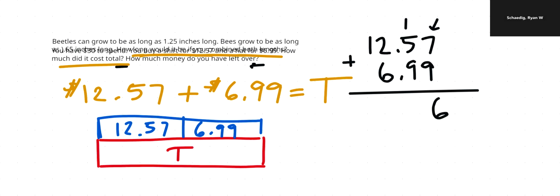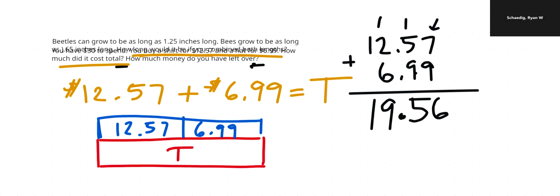I'm now in the tenths place. 9 plus 1 gets me 10 or 1 whole, and 10 plus 5 is 15. So I got a 15 there. The decimal is going to drop straight down. I got 6 ones plus 2 ones plus 1 one, so that's 9 ones. And then in my tens place, I have 1 ten.